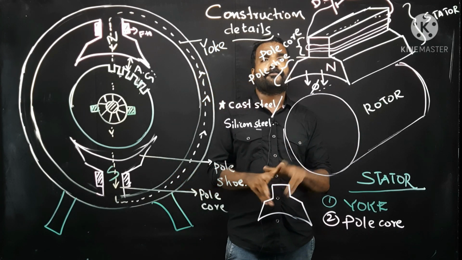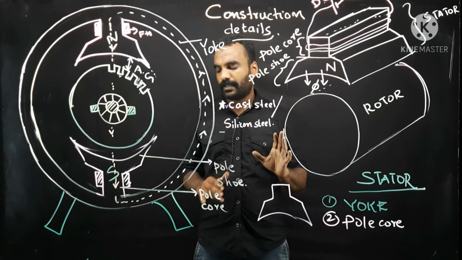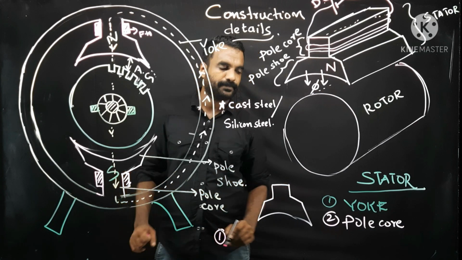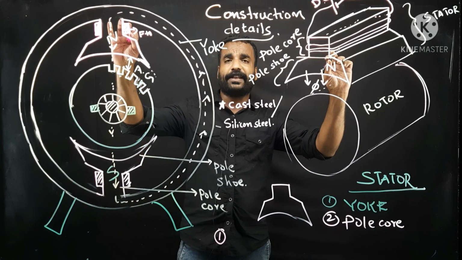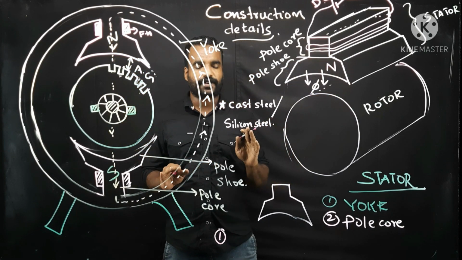Next thing, functions of pole core. First function, a field winding is placed on the pole core. That is the first and important function.